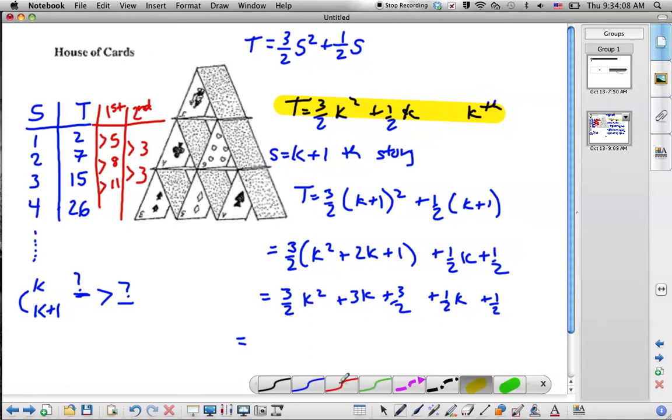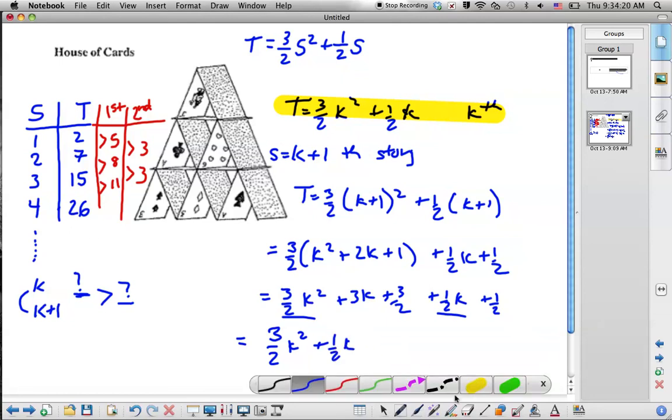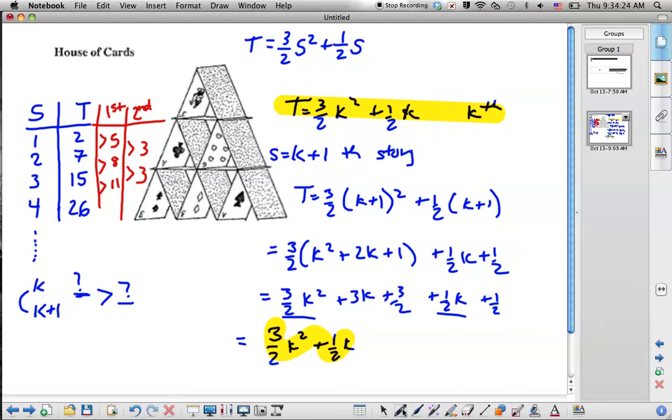Well, it's actually pretty easy to find. I know I have a 3/2 k squared, which is this one, and I have a 1/2 k here. So this is my kth term. What's left over now is plus 3k, plus 3/2 plus 1/2 is 2.